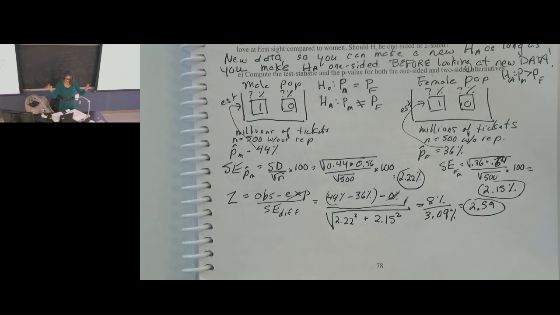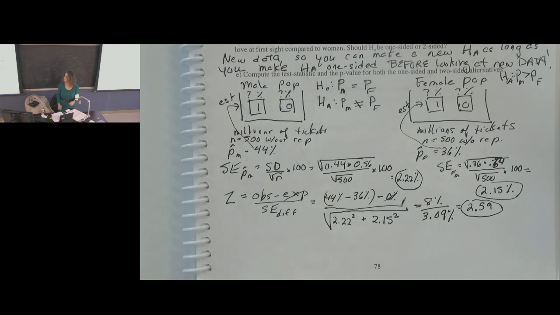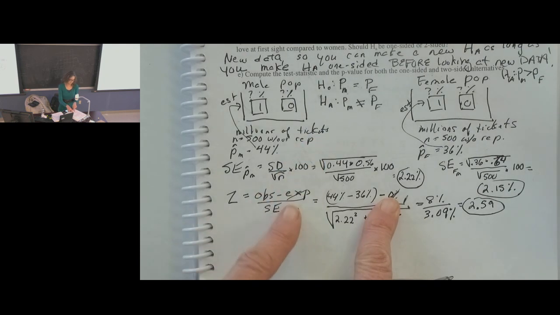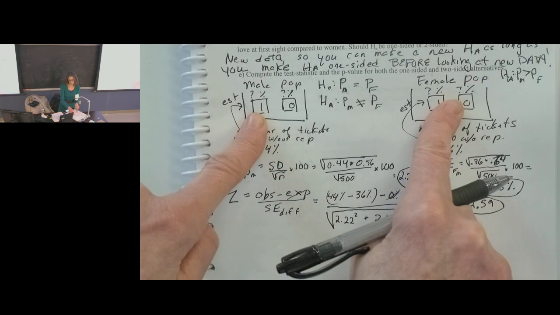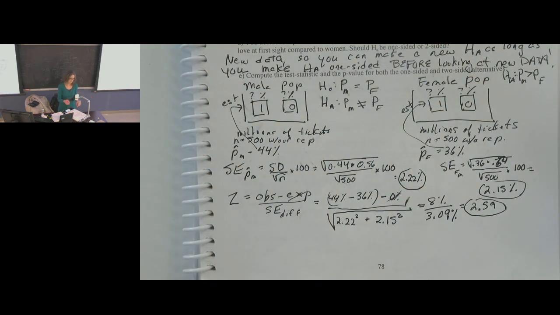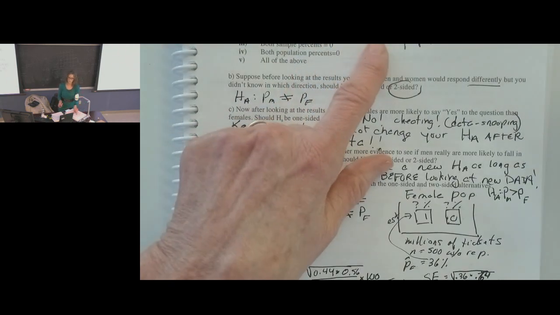That's far out on the tails, whether we did one-sided or two-sided. You should know just by looking at it. Okay? Does that make sense? I crossed off this 0 because our null is that these are the same. There's no difference, right? It's 0. This is our null right here.